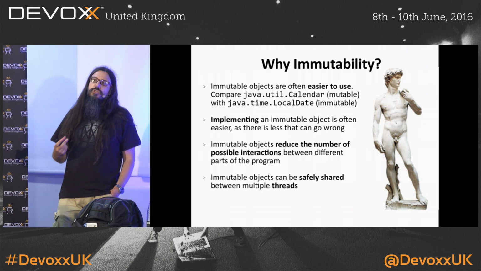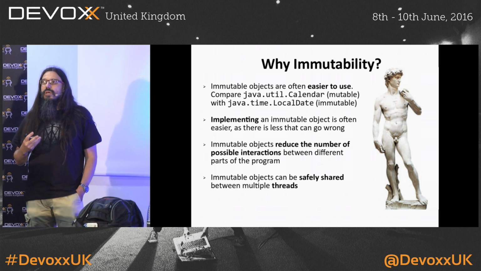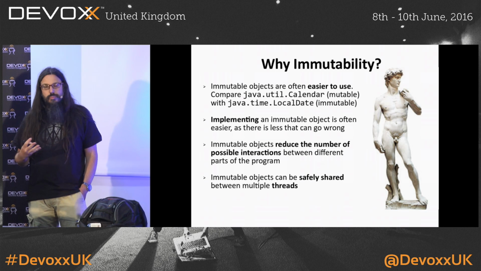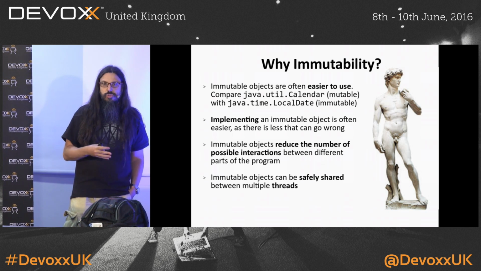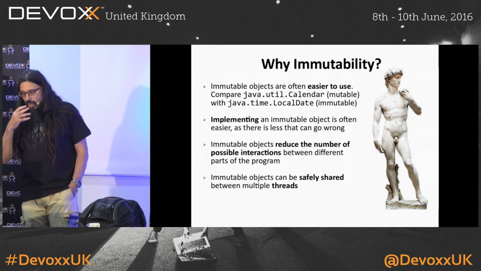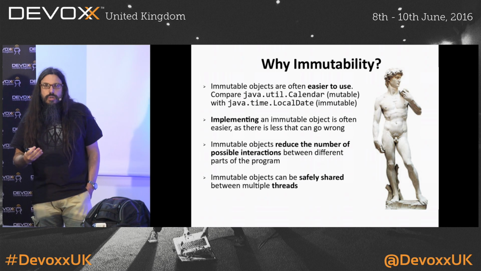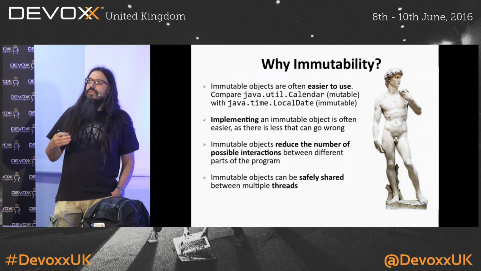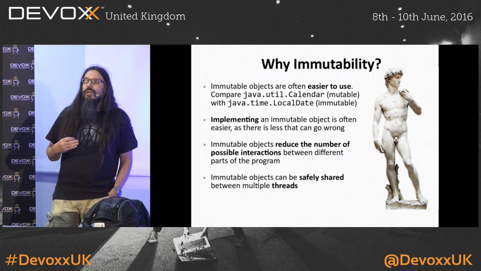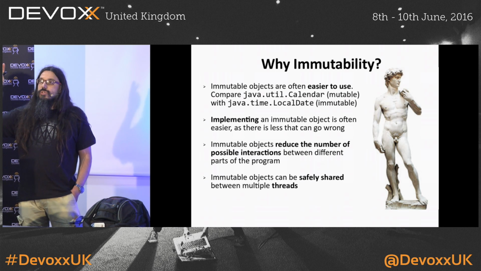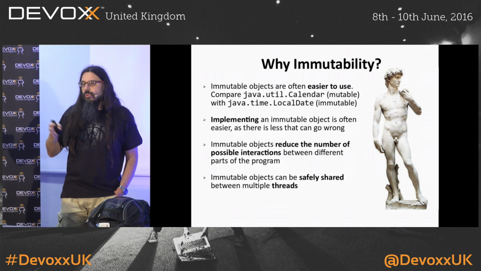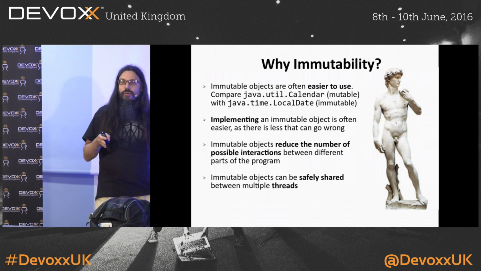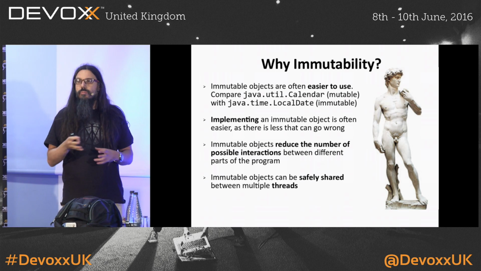First of all, immutability is easier, simpler to design and to use. Think about the new Java 8 date and time API. Is somebody using it? Okay, some people. And compare it with the older way of doing dates, with mutability.